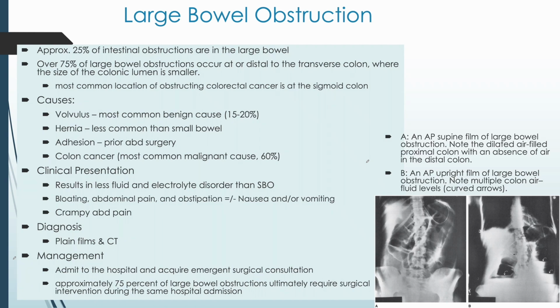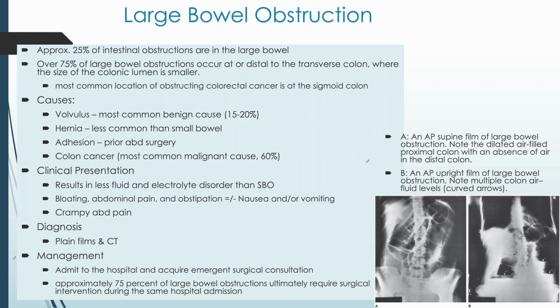Over 75% of large bowel obstructions can occur usually distal to the transverse colon, and this is where the size of the colonic lumen is smaller. But it's also good to know that the most common location of obstructing colorectal cancer is in the sigmoid colon.